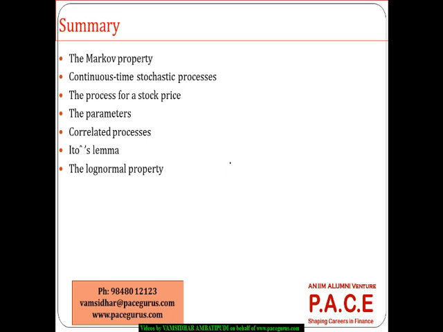If at all I have to use correlated processes, how can I use Monte Carlo simulation both for uncorrelated as well as correlated processes, simplifying the differential equations using Ito's lemma, and towards the end we came out with the log normal property associated with the stock prices. So these are the things that I wanted to cover as a part of this session.